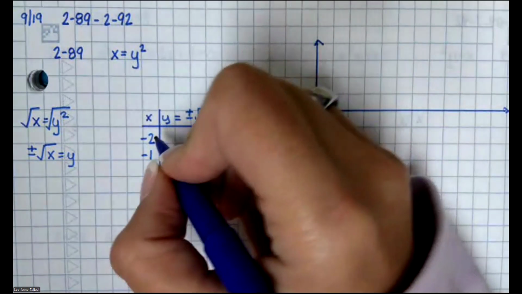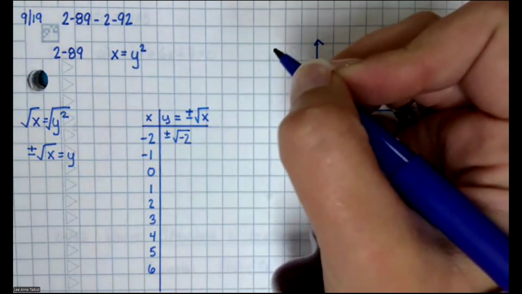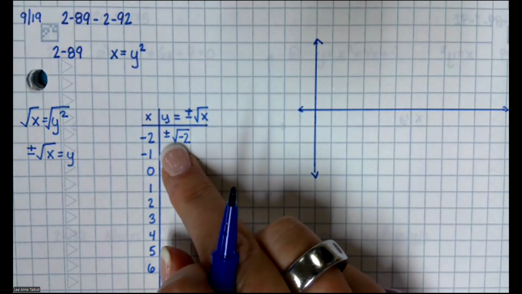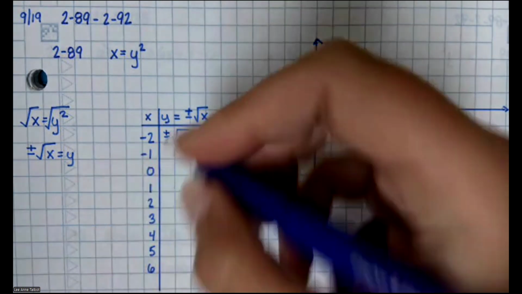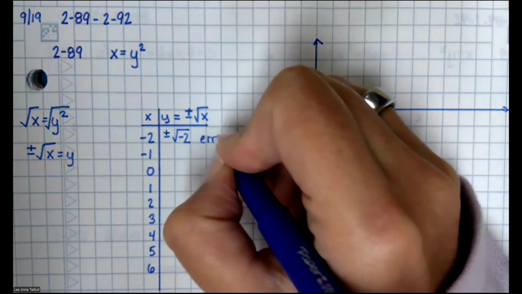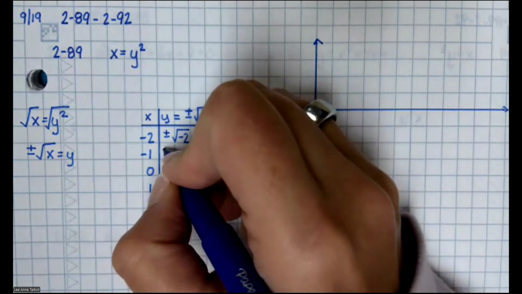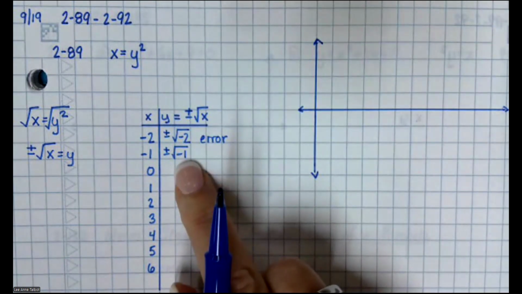Okay, so plus or minus the square root of -2. Can I graph this? What's going to happen in the calculator if I do square root of -2? Error, right? What about this?